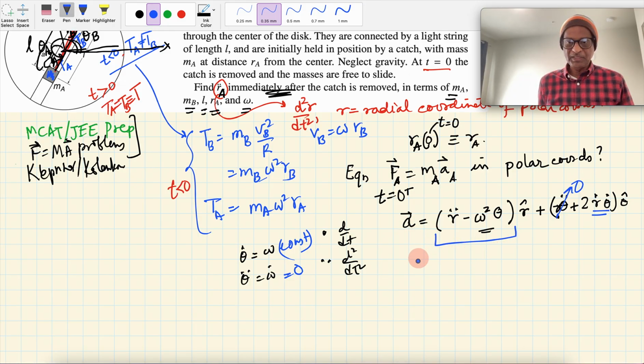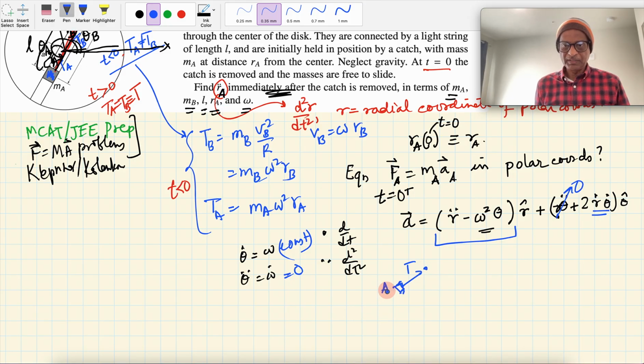So if I look at the tension, it will be that way towards the center, this particle A, and r hat is that way. So writing the equation, just the radial part, r hat direction.